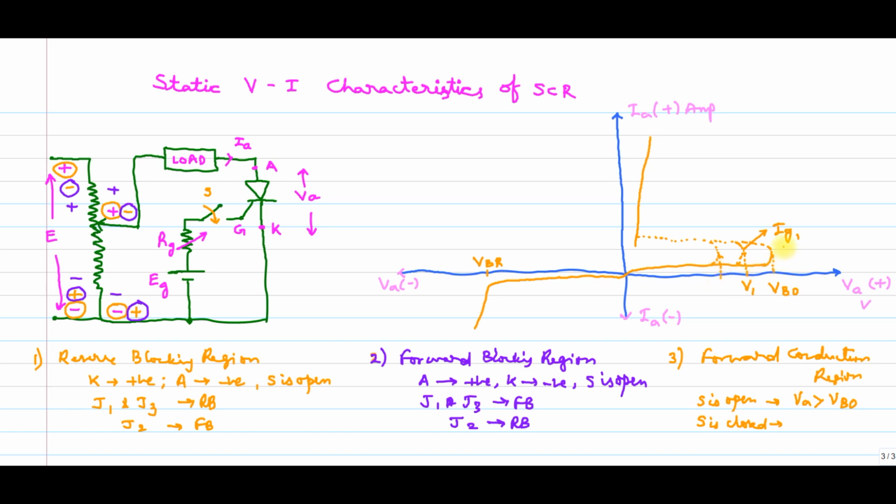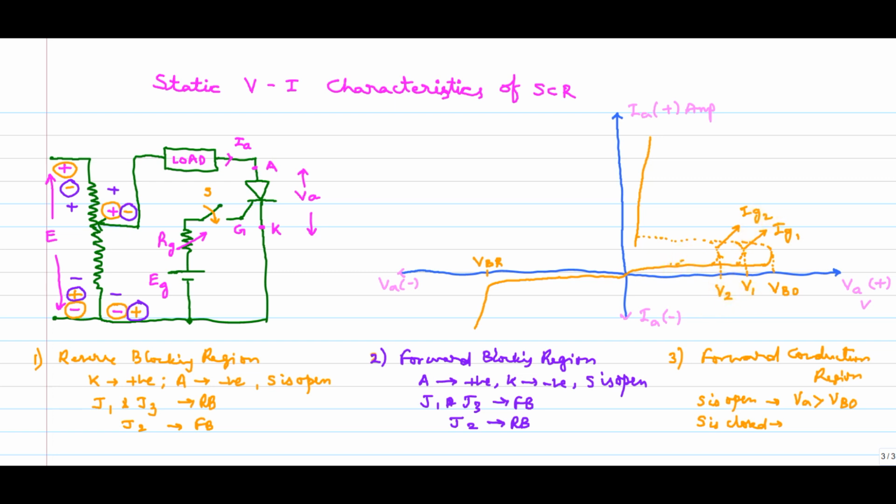This gate current's purpose is to make our device turn on before the breakover voltage. That means we are going to decrease the breakover voltage, or anode to cathode voltage, or voltage across the thyristor. So whenever you increase IG1 to IG2, your voltage will be reducing.